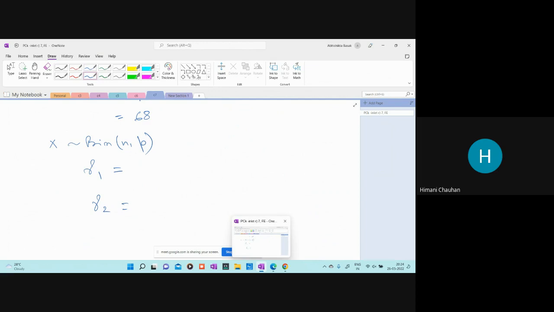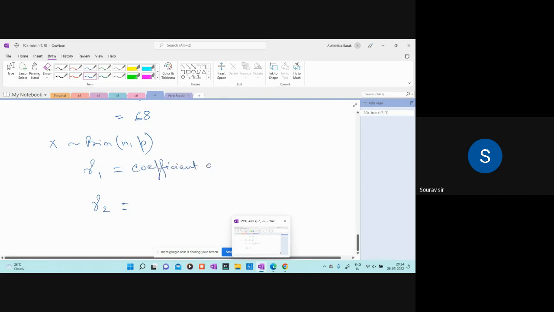Okay, ma'am. So can you now tell me what is gamma 1 and gamma 2? This is gamma 1, called the coefficient of skewness. Like you said, the formula is mu 3 by mu 2 to the power 3 by 2, right? And what is my gamma 2?